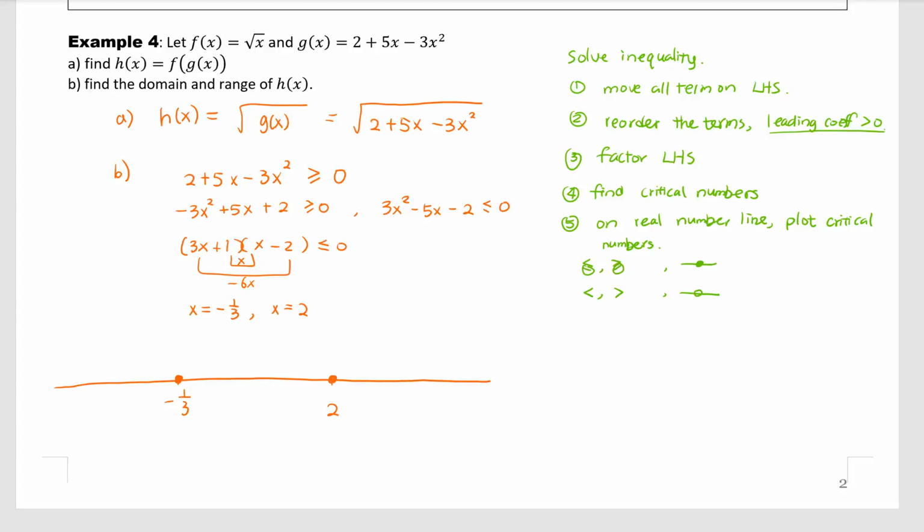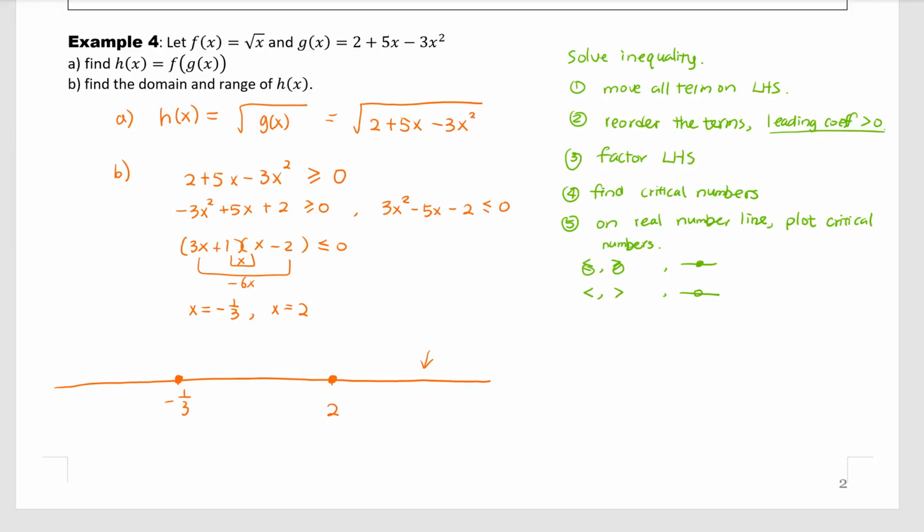Okay, so on each interval we want to find the sign of whether it's positive or negative for the inequality, right? So let's look at this piece. So this is method 1. We want to pick numbers from each of the intervals and then plug into the inequality to see whether it's positive or negative.